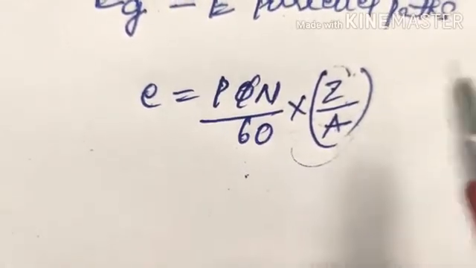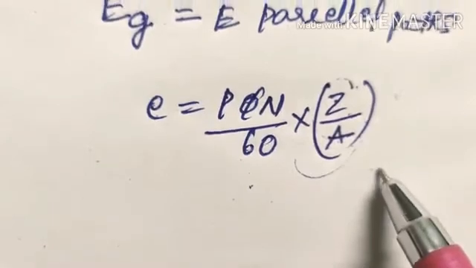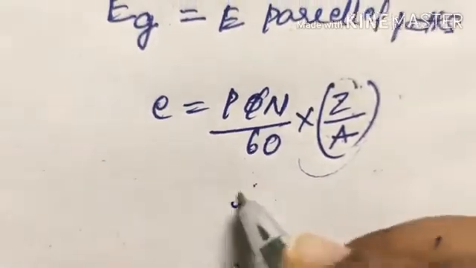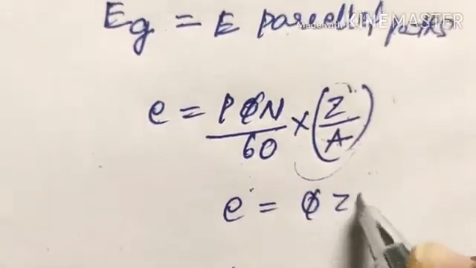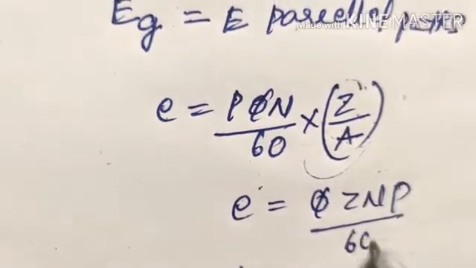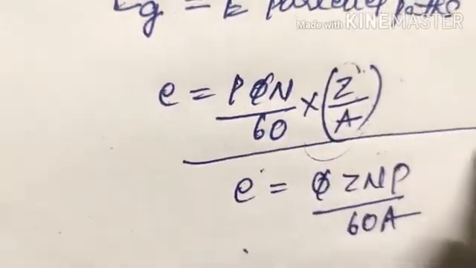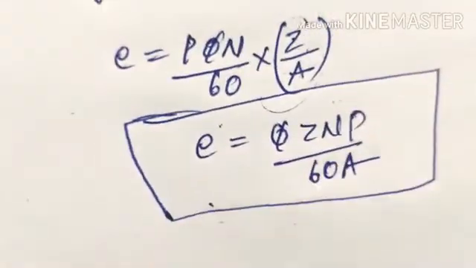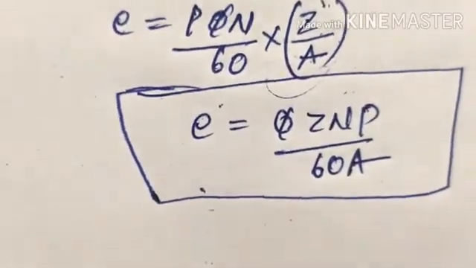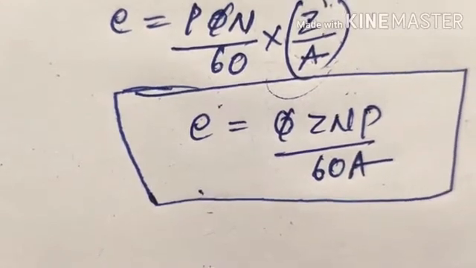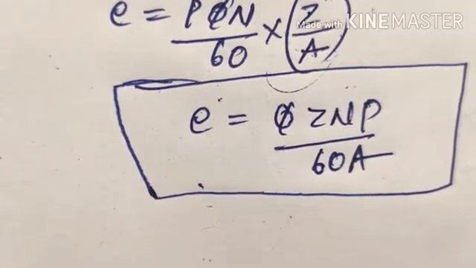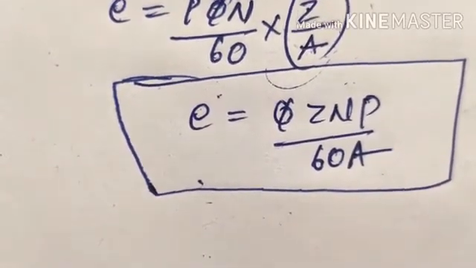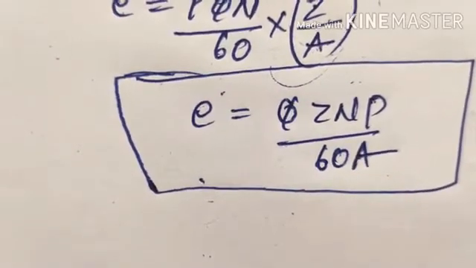We can also simply write this equation as E equals phi Z N P by 60 A. This is the EMF equation of a generator. Simple problems can be asked on this topic, like remember the EMF formula of a generator and substitute the values of A, N, P, Z. You will get the EMF of a generator.